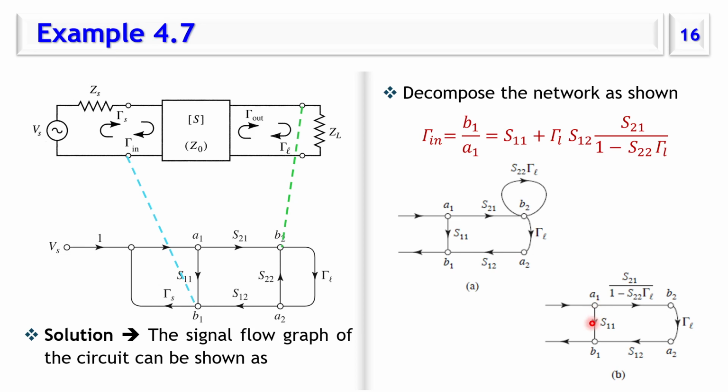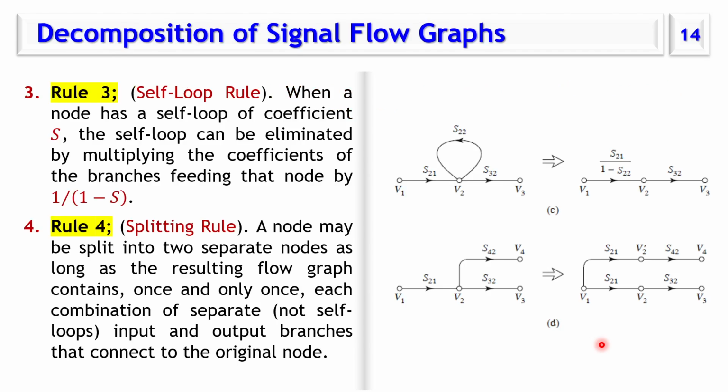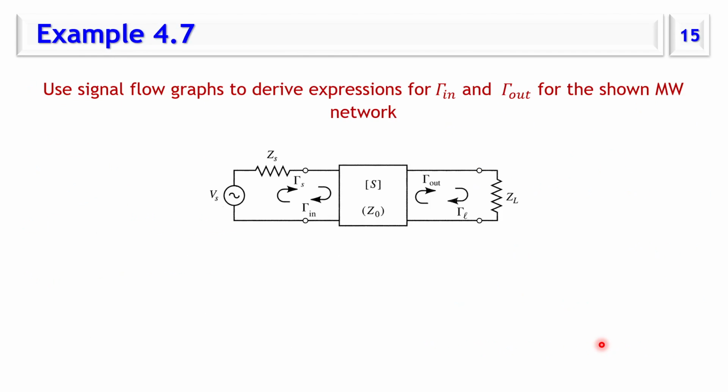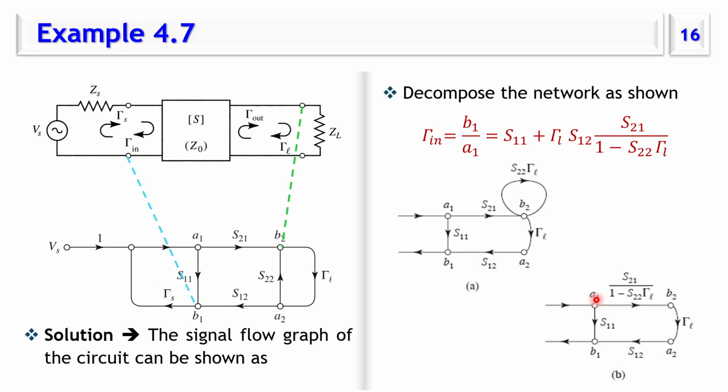Now the signals that go to B1 are S11 A1 plus, using the parallel rule, S11 plus the other one. For the other one, we're going to use the series rule: this value multiplied by this value multiplied by this value. So this is gamma in.